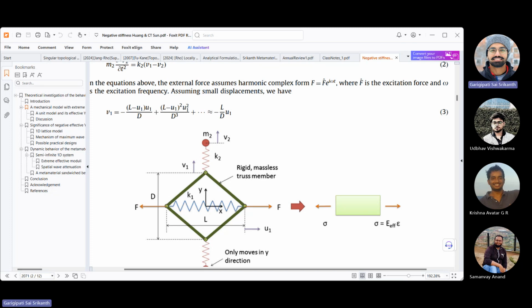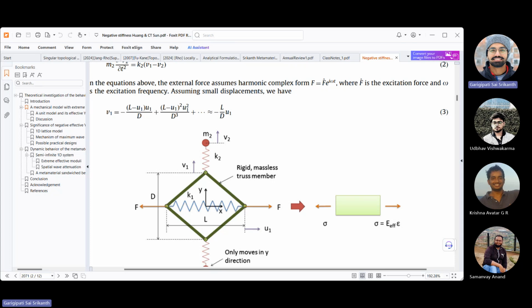Have a look at equation 3. What you'll notice is that V1 is related to U1 and L by D. L is the length of this truss along the main direction, and D is the lateral dimension of the truss.